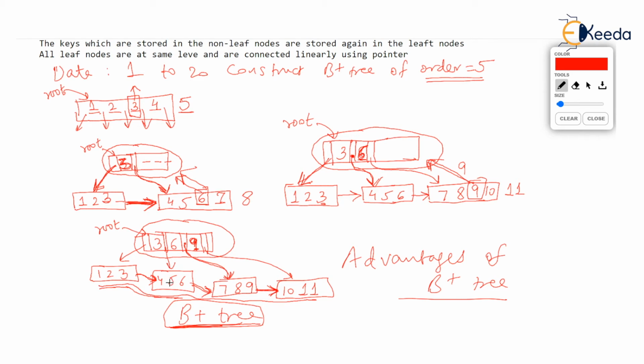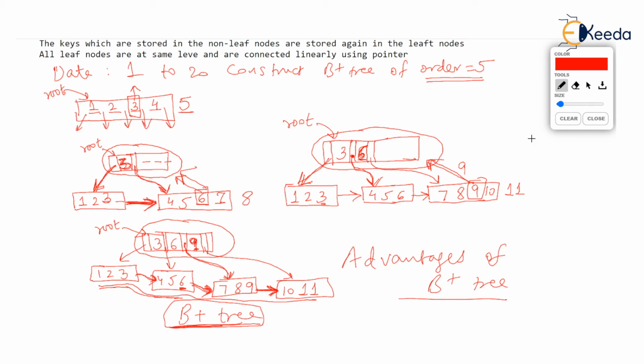And when you reach the left child of 4, 5, 6, you get 6 over there. So you say you have found the key 6 and now you want values greater than 6 also. You can easily use this next pointer and go to the next node and say 7, 8, 9, then use the next pointer and say 10, 11 are the keys which are larger than 6.